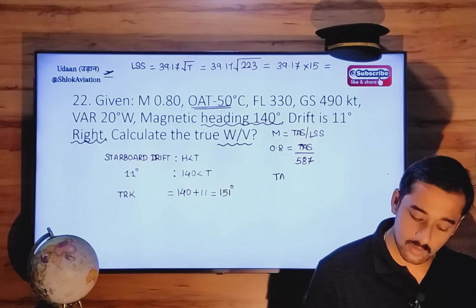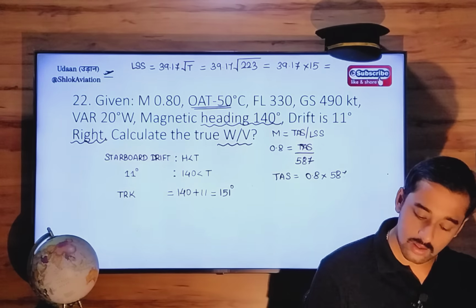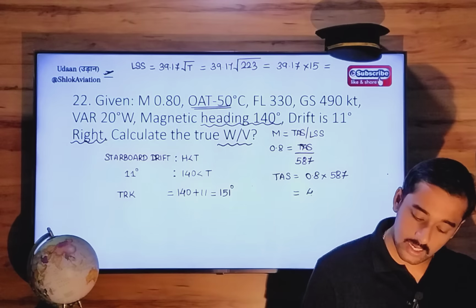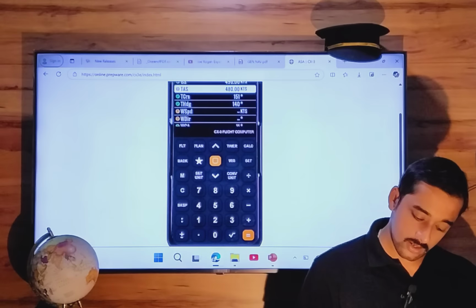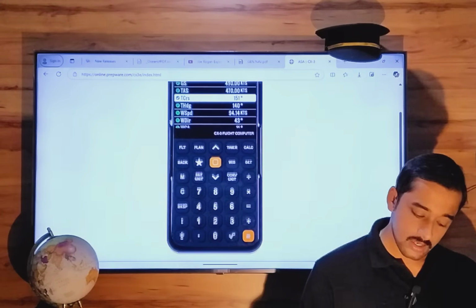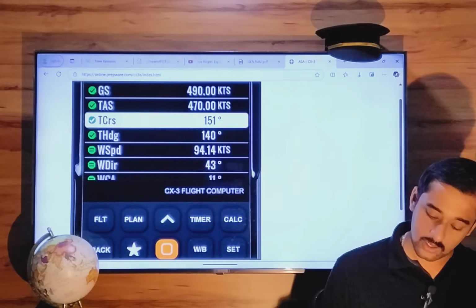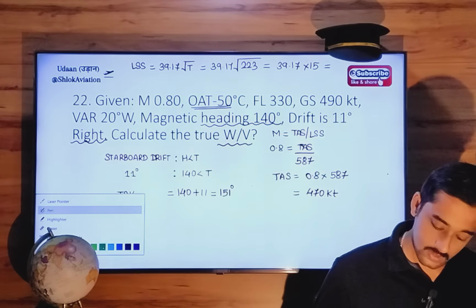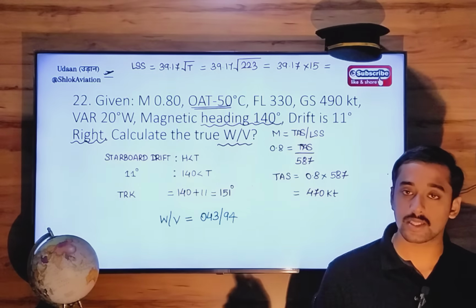Therefore, true airspeed will be equal to 0.8 into 587, which is 470 knots. Now put this value in CX3 as 470. You get wind velocity 43 degrees at 94 knots.